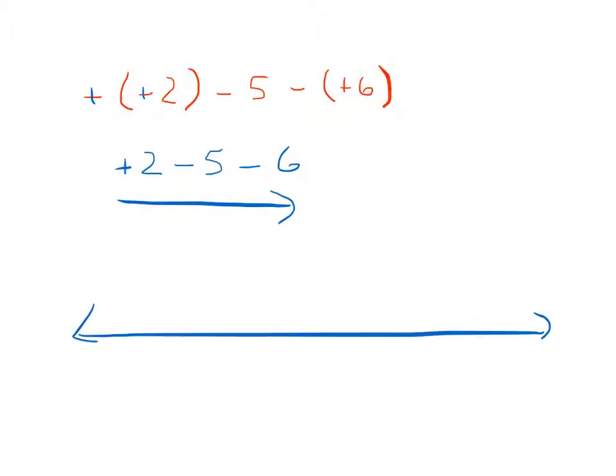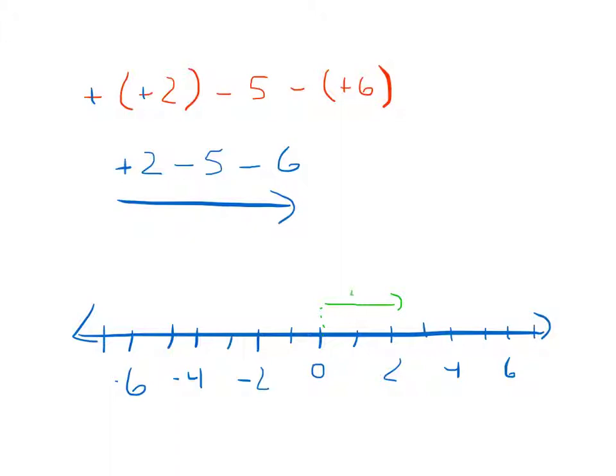minus 5. So again, I can make a number line 0, 2, 4, 6. Negative 2, negative 4, negative 6. Alright, so I've got a positive 2. So I go from 0.